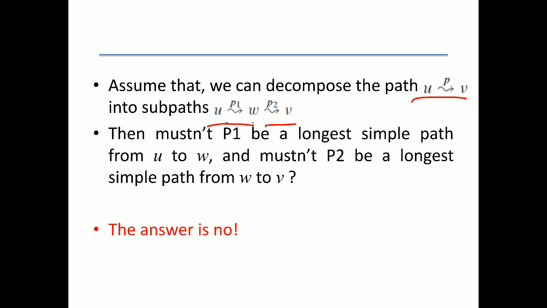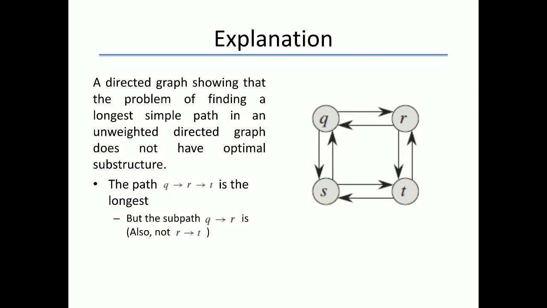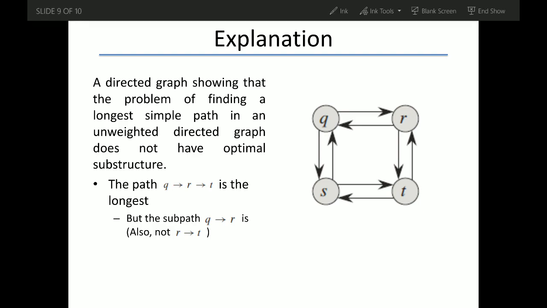But the answer is no. P1 may not be the longest path and P2 may not be the longest path. To understand this, see this example where we are given a directed graph with 4 vertices, and we want to find a longest path from Q to T.